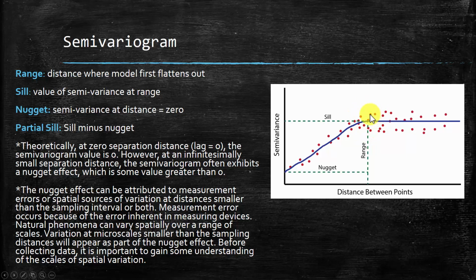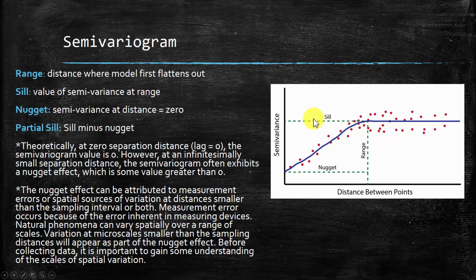Things that are close are very similar, so they have a low semivariance, and eventually you get to a point where the difference between the values doesn't increase anymore, and that is the range. The semivariance value at which the range occurs is called the sill.